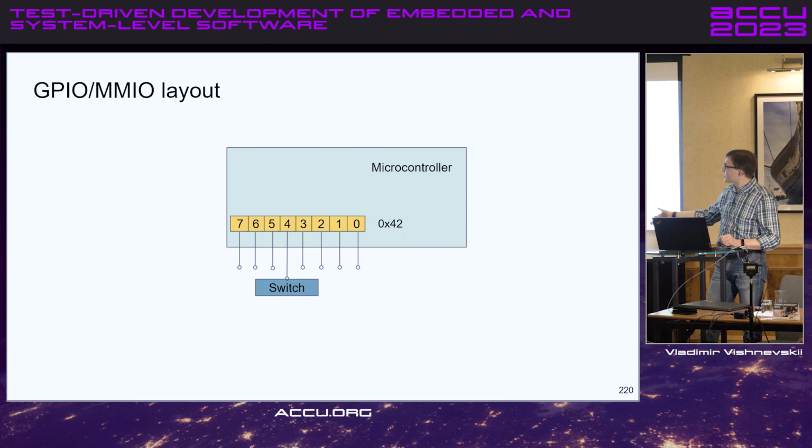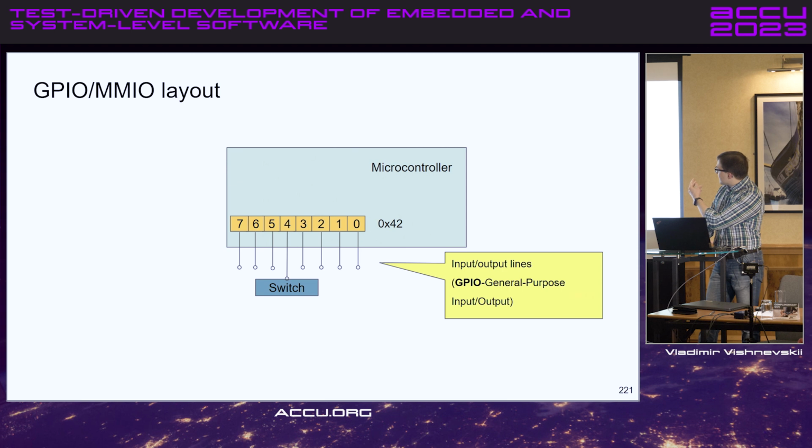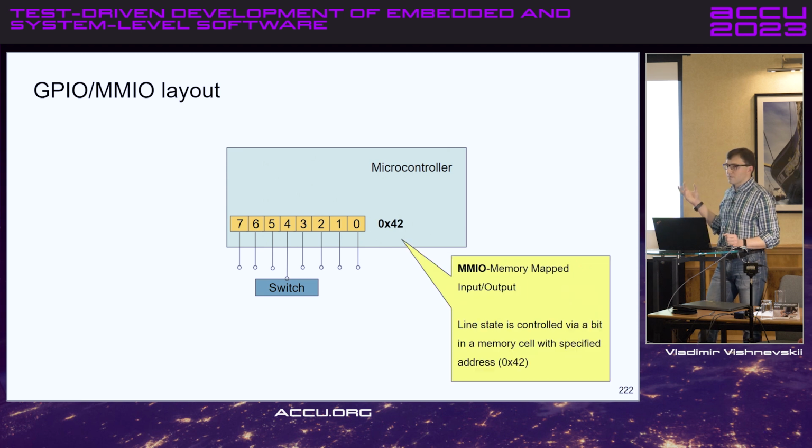In our case, one of those lines is connected with the switch, and the state of the switch is basically propagated by the state of this line, the presence of current on this line. Those lines are called general purpose input-output, and they are controlled using so-called memory mapped input-output.